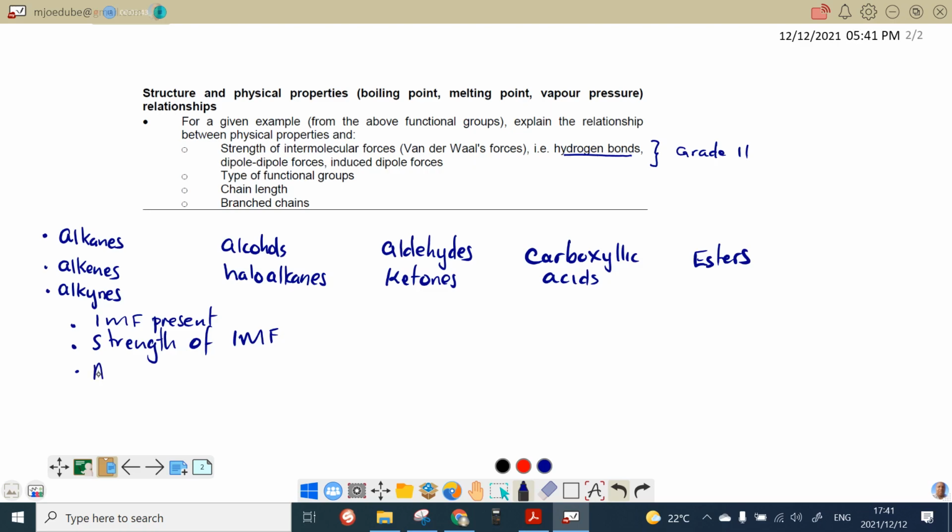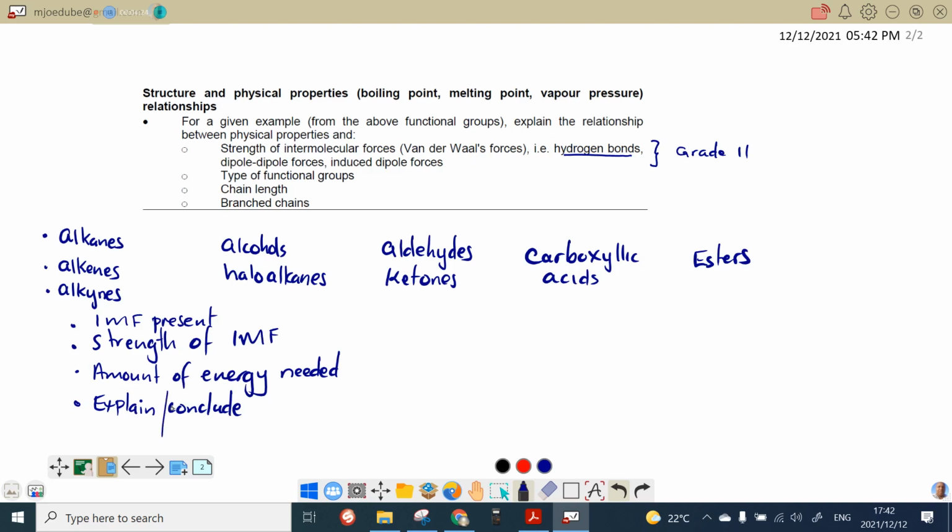Then you should explain in terms of the amount of energy needed to overcome those intermolecular forces, and then you would be able to conclude the degree that is required to bring the substance to boil, melt, or the nature of the vapor pressure.